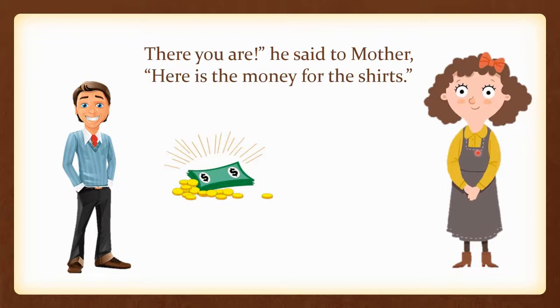Students, can you tell me why Mohan gives money to mother? Yes, because he had bought some shirts from mother and he had not paid for them. So now Mohan the farmer is paying mother in the market.